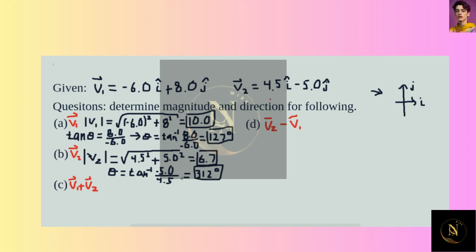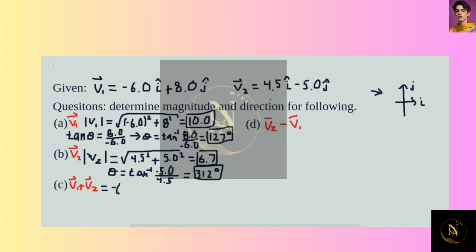All right, now it's going to get a little bit more tricky because we have to add v1 to v2 and then find the magnitude and the direction. So the first thing we're going to do is calculate what v1 plus v2 is. You can only add the like terms, things in the i hat direction or things in the j hat direction.